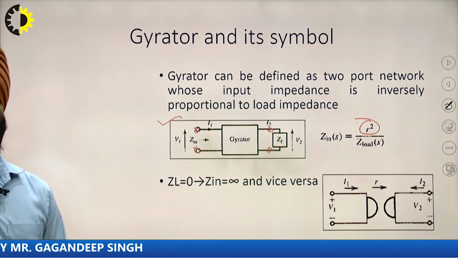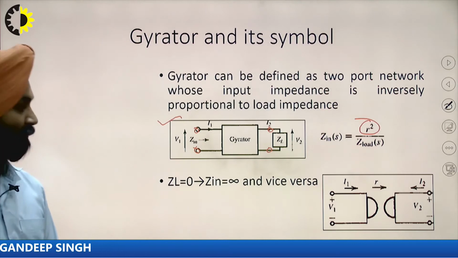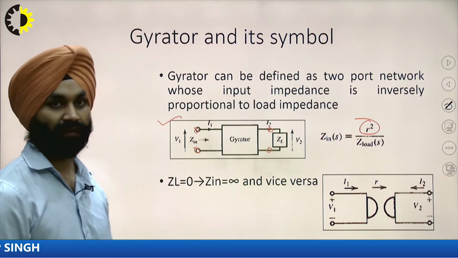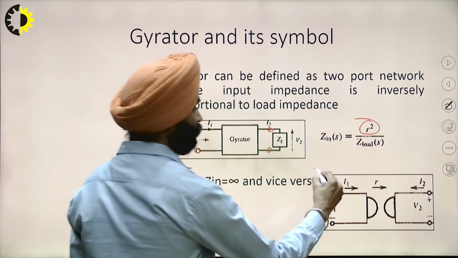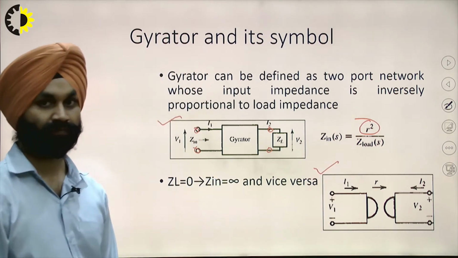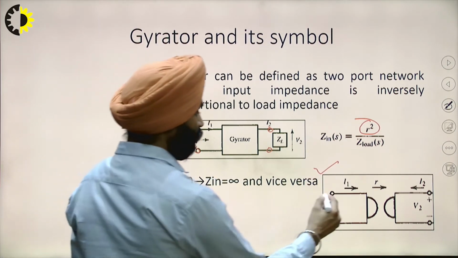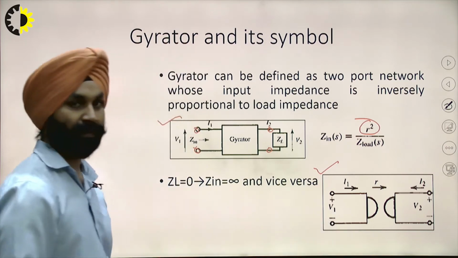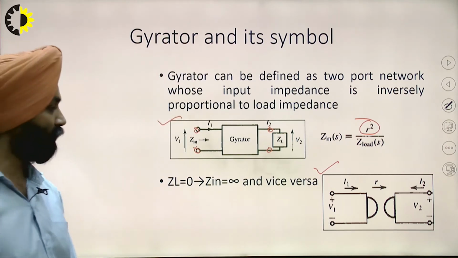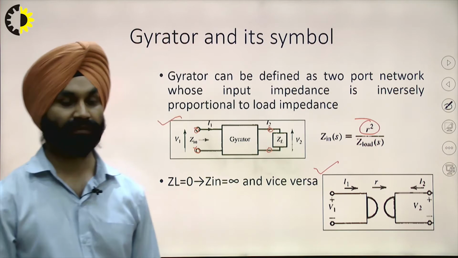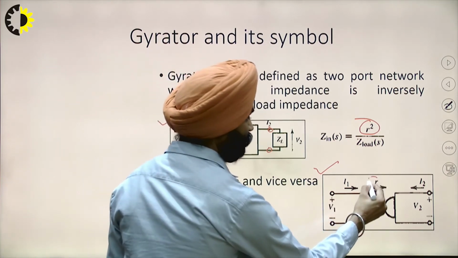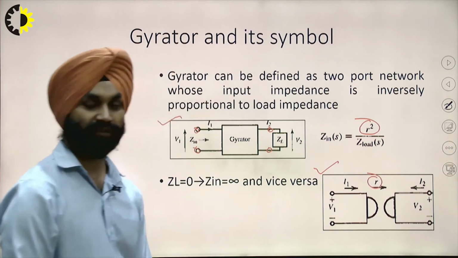We have seen that the two ports are the input port and the output port, right? The symbol used to show the gyrator is like this. Here we have one block and the other block, and in between there is a gyration constant.